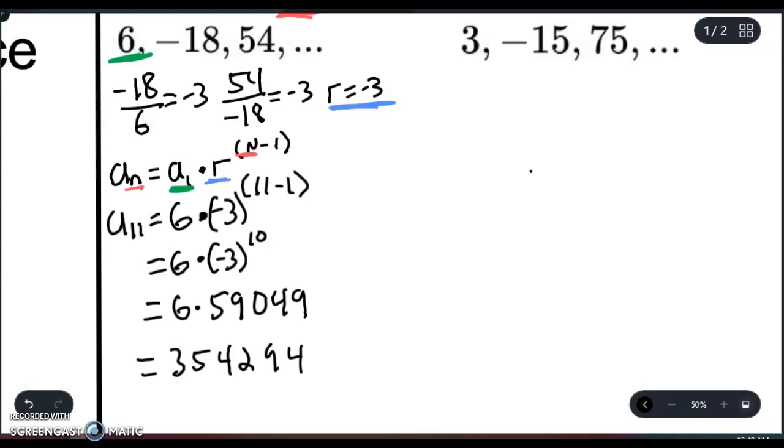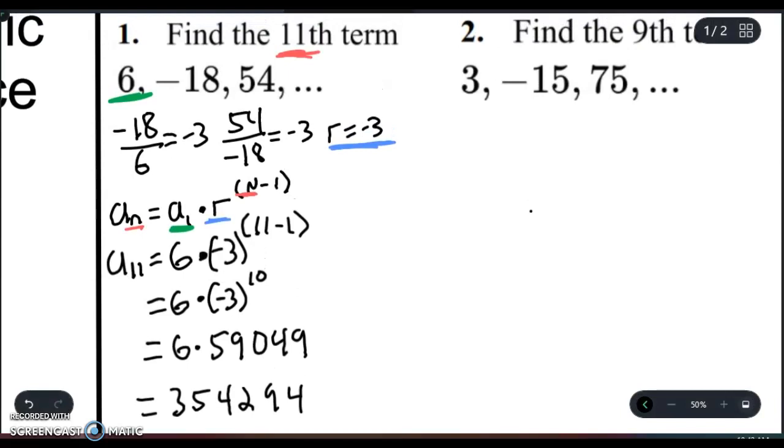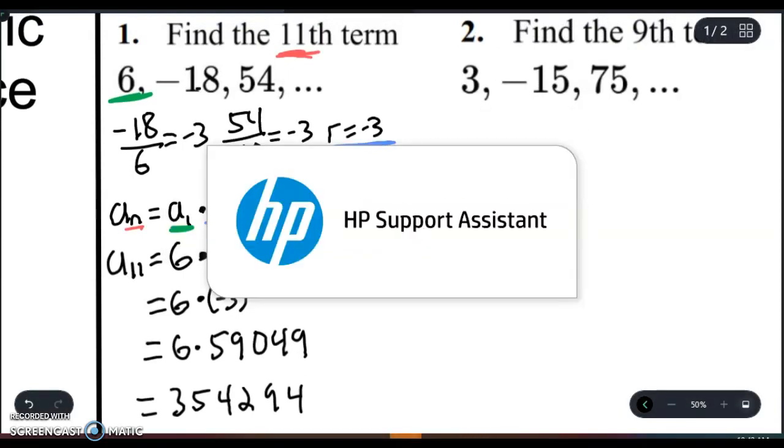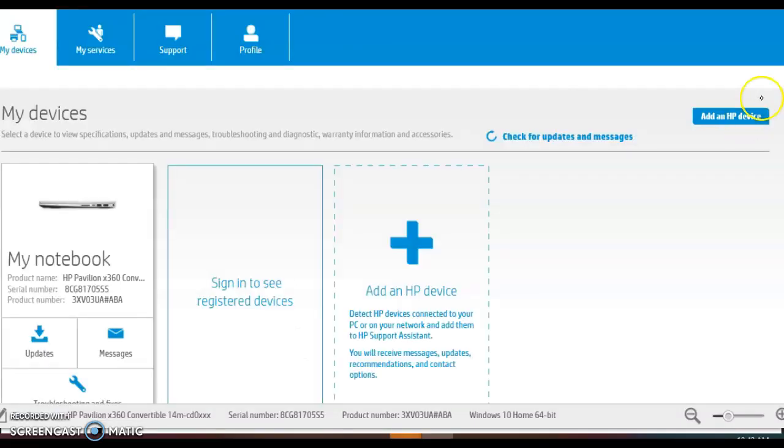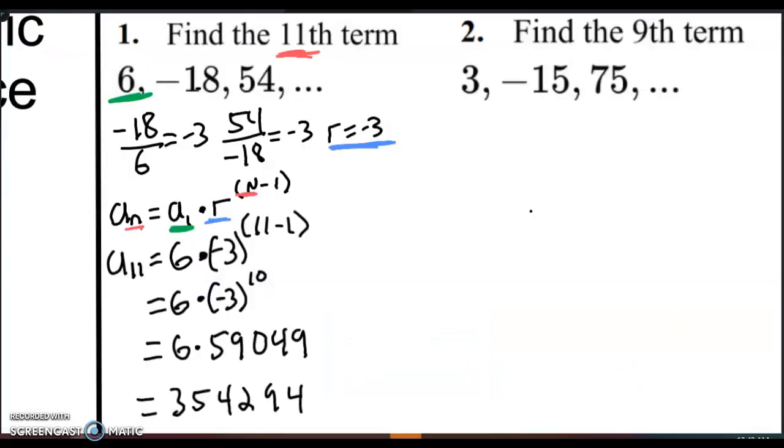That's the final answer. The 11th term will be 354,294.